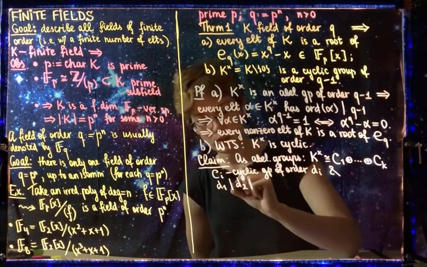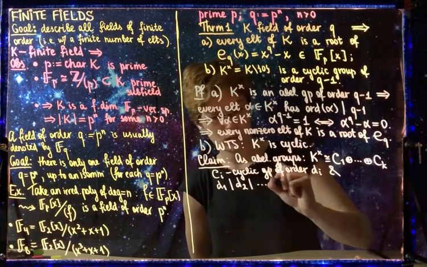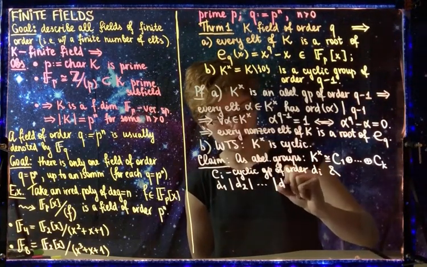So d1 divides the order of C2, etc., and all of them divide dk.